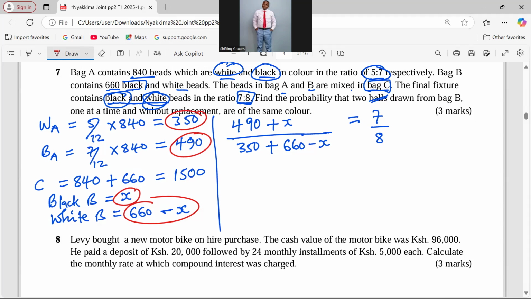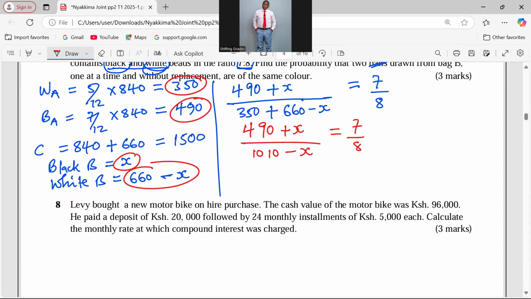So now we can find something. 350 plus 660, we call it 1010. So 490 plus X out of 1010 minus X equals 7/8.